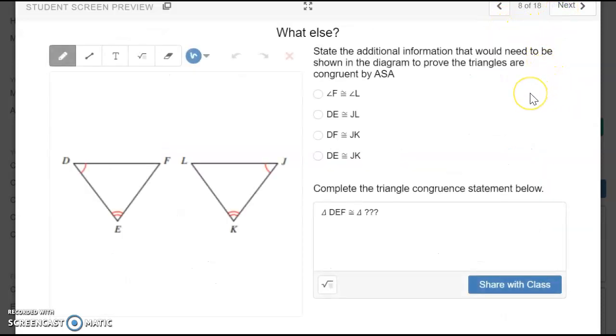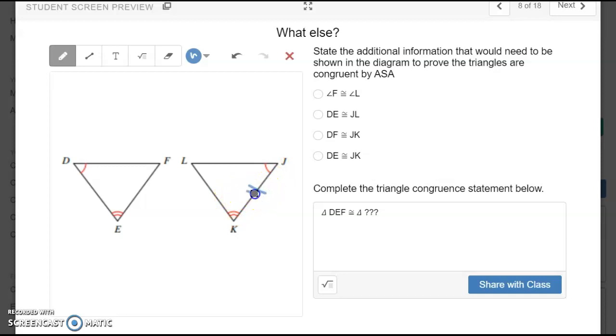All right, now state the additional information that would need to be shown in the diagram to prove the triangles are congruent by ASA. If I want ASA, that means I want the sides that are congruent to be in between the two pairs of angles that are congruent. So I have one pair that corresponds to this pair, and another pair of congruent angles are this. So I want the side to be in between those two.